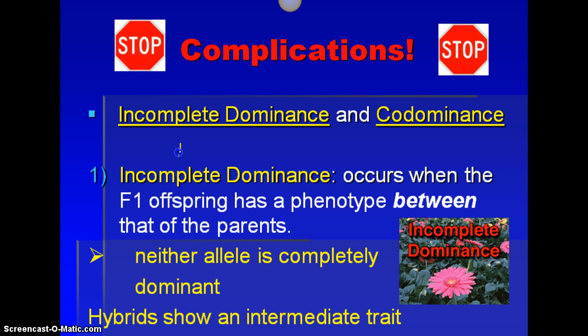An example maybe would be big R being a red flower, big R, little r would be a pink flower, and little r would be a white flower. So the one that is odd or incomplete dominant is the big R, little r. We'll show something that's in between the two phenotypes.